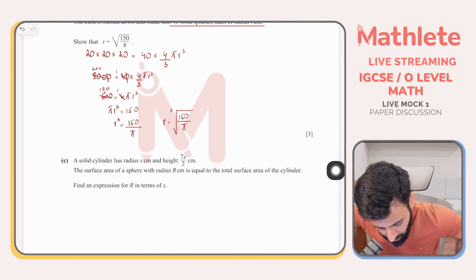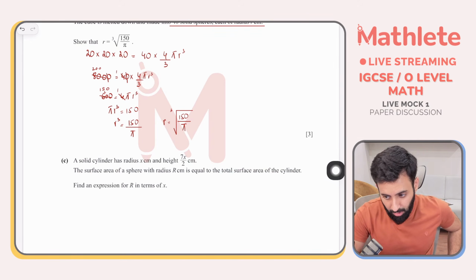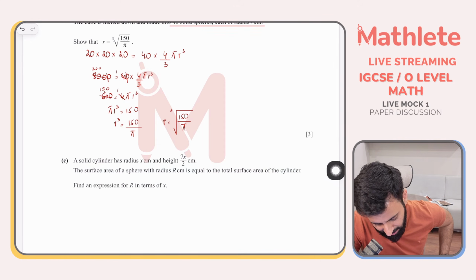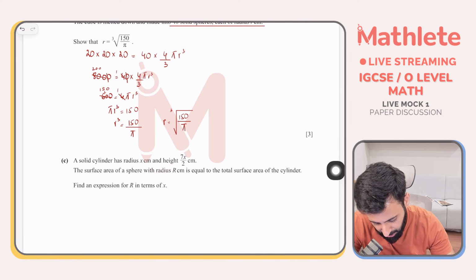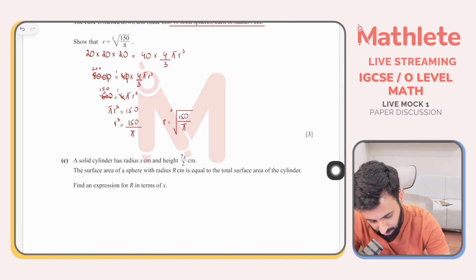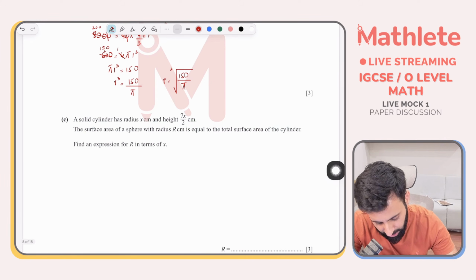Now, a solid cylinder has radius x centimeter and height 7x upon 2 centimeter. The surface area of a sphere with radius r centimeter is equal to the total surface area of the cylinder. Express r in terms of x.